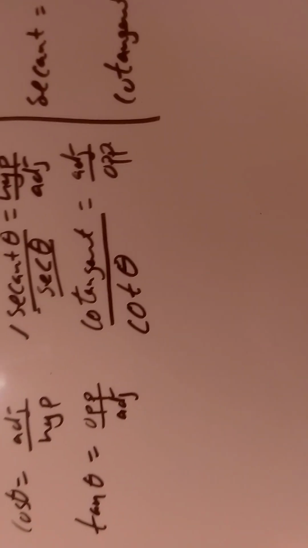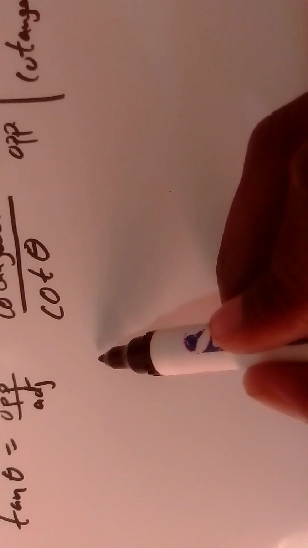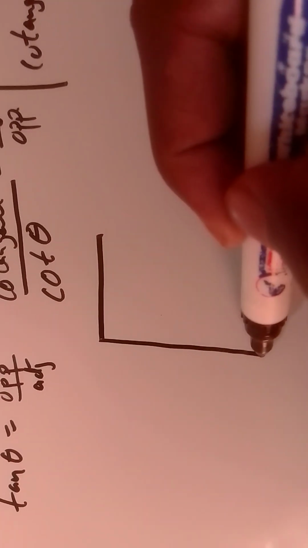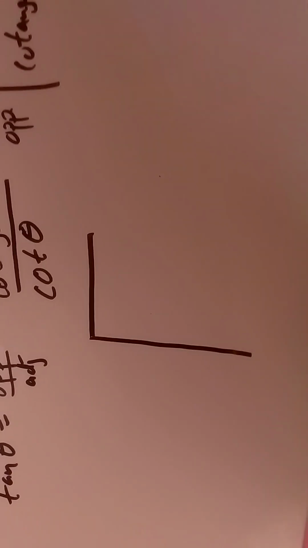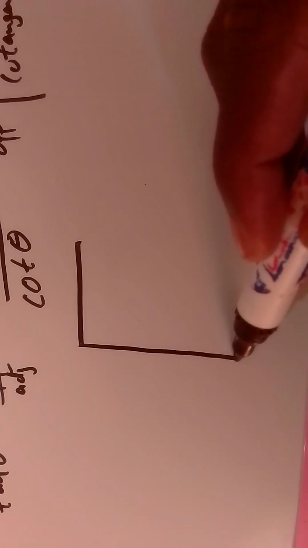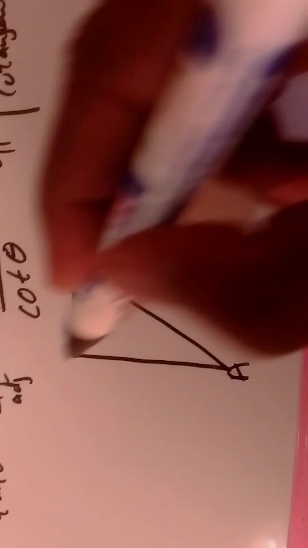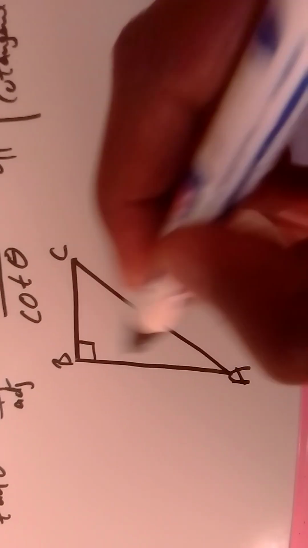Now I'm going to show you how we would recognize the cosecant, the cotangent, and the secant on a right angle triangle. We're going to label the triangle. This is point A, that is point B, and this is point C, where our right angle is.